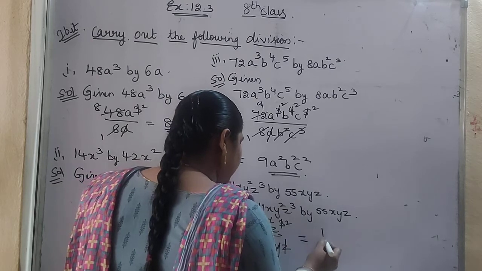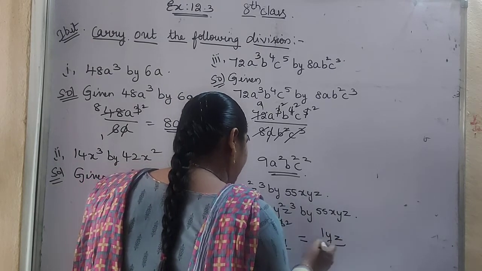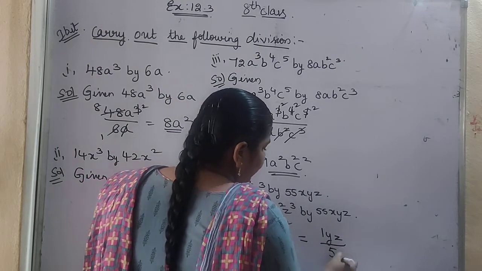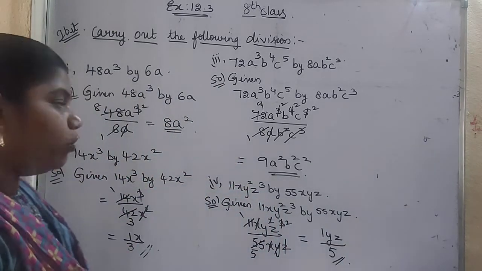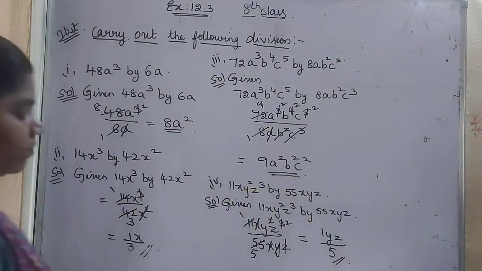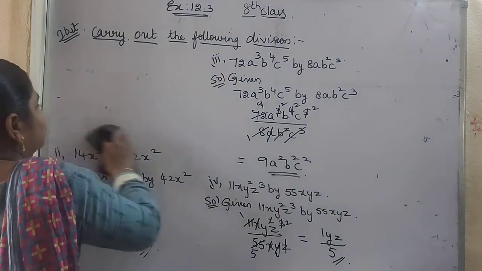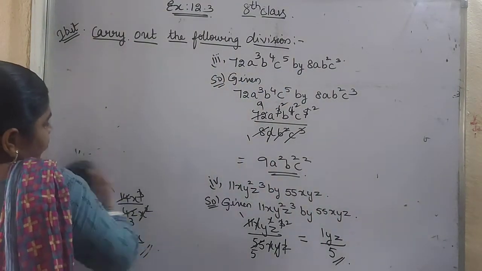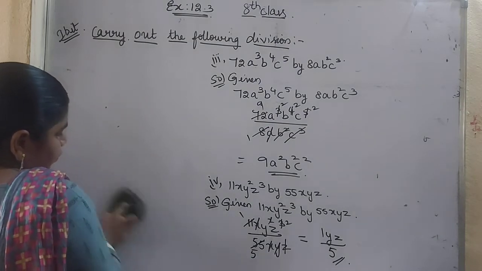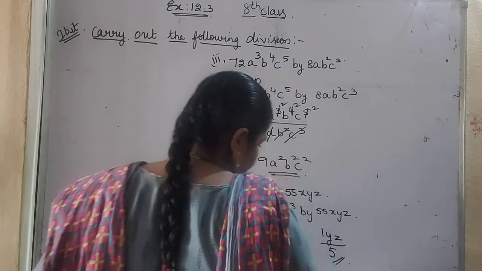So what is the answer? 1yz by 5 is our answer. So this is our fourth bit. Next is fifth one, the last bit in this first question.